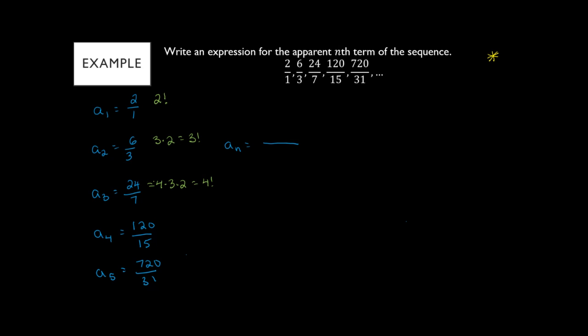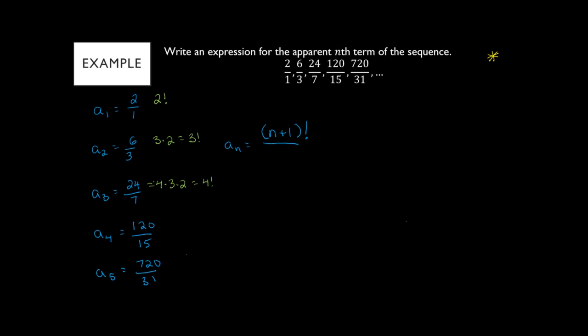So when n is equal to 1, we had 1 plus 1, or 2 factorial. When n is equal to 2, we have 3 factorial. So notice that pattern, it's going to be n plus 1 factorial. So to test that out, for 4, we want 5 factorial. So I'm going to do that on my calculator.